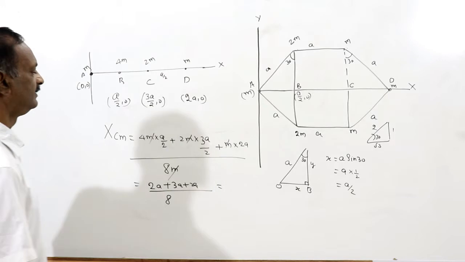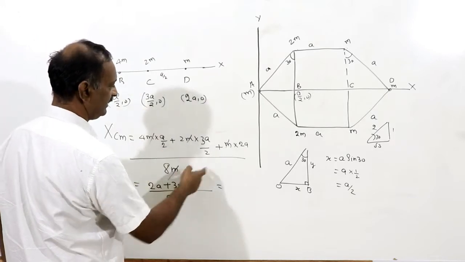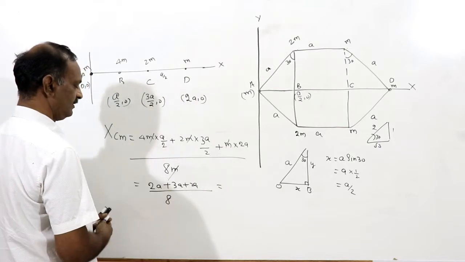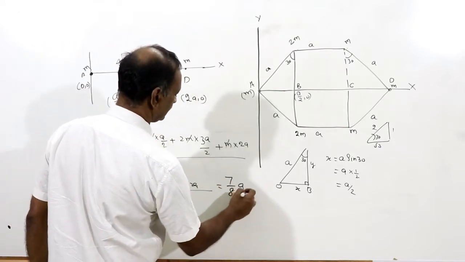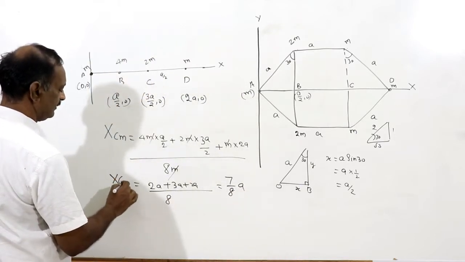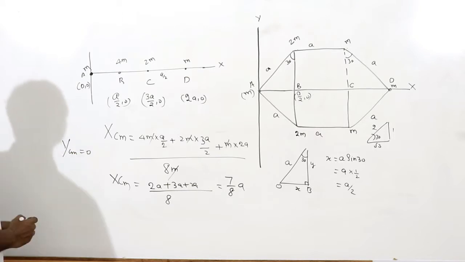So this is 7 by 8 a, XCM. And YCM is equal to 0.